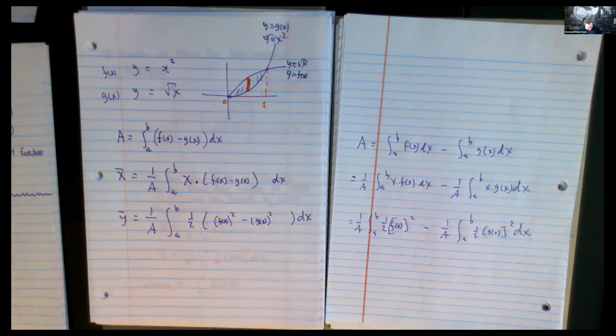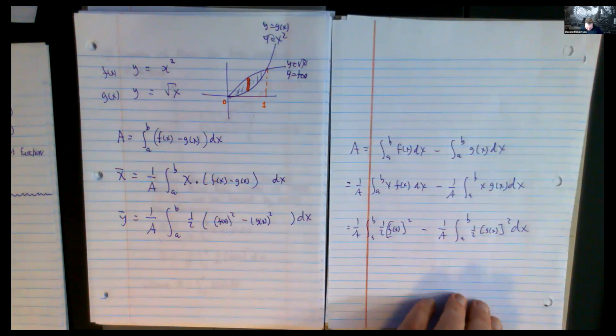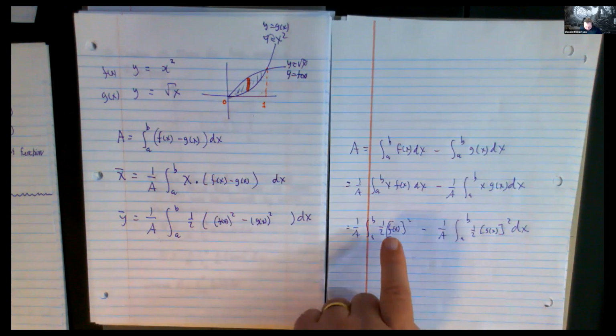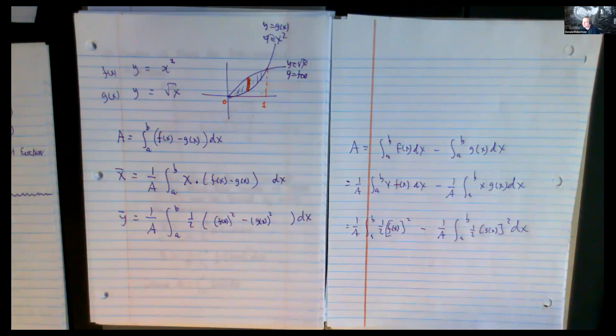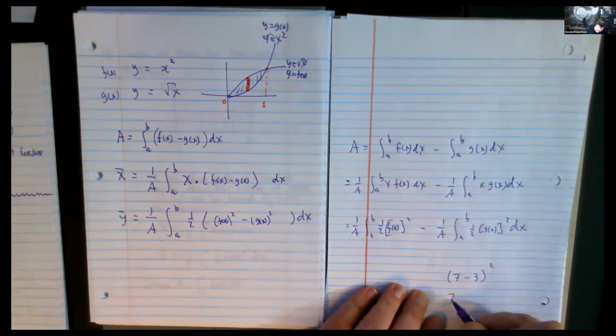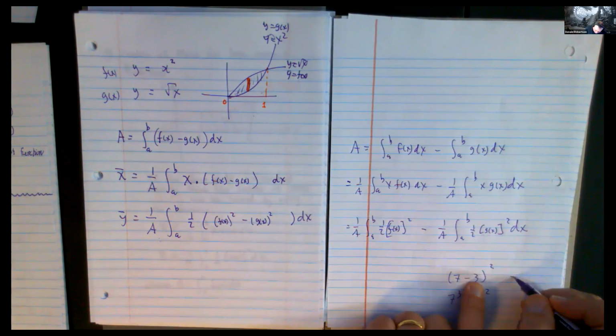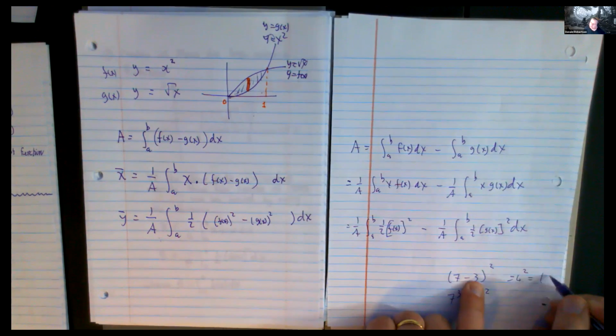Now you might think that it doesn't matter. You might think, well, if I did it the other way, if I did it, subtract them and square, I'll get the same answer. No, you won't. 7 take away 3 squared is not the same thing as that. 7 take away 3 is 4, and 4 squared is 16.